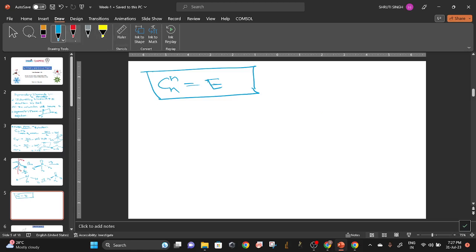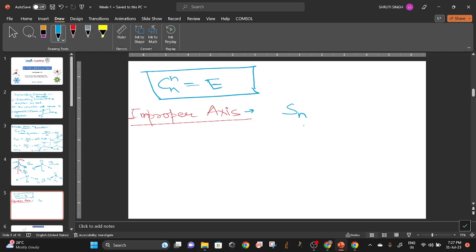Yes, so this was about the identity and the axis. Now there is one more kind of axis which is called improper axis. This was the proper axis. Now the improper axis we represent by Sn. S stands for improper and N is again the order.